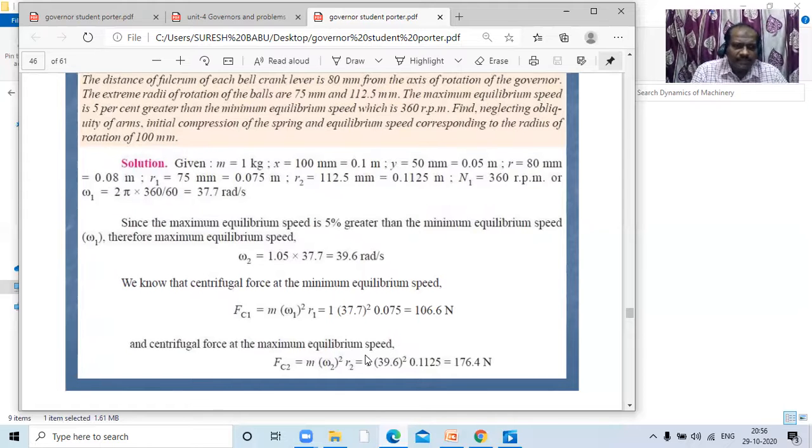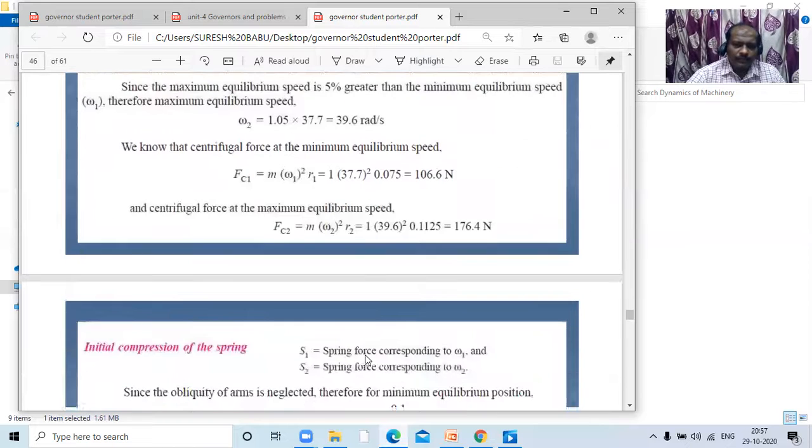Centrifugal force at maximum speed, mass is common, that is 1 kg. W2 is maximum angular speed, that is 39.6 square, and radius is equal to 0.125. Thereby centrifugal force for minimum speed is 106.6 newtons, and for maximum speed is 176.4 newtons.